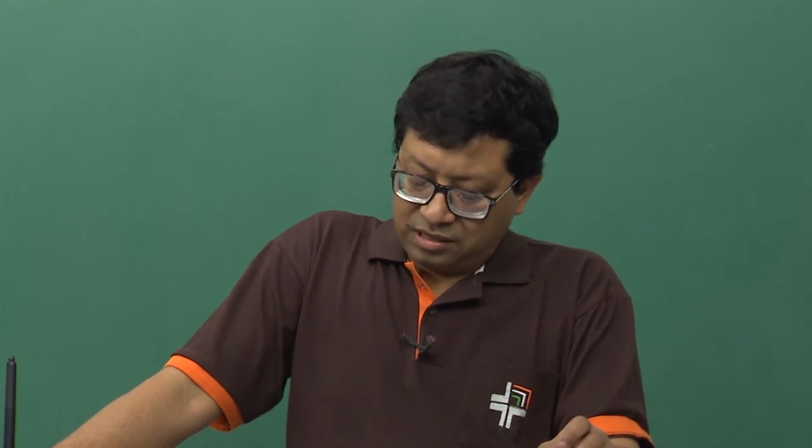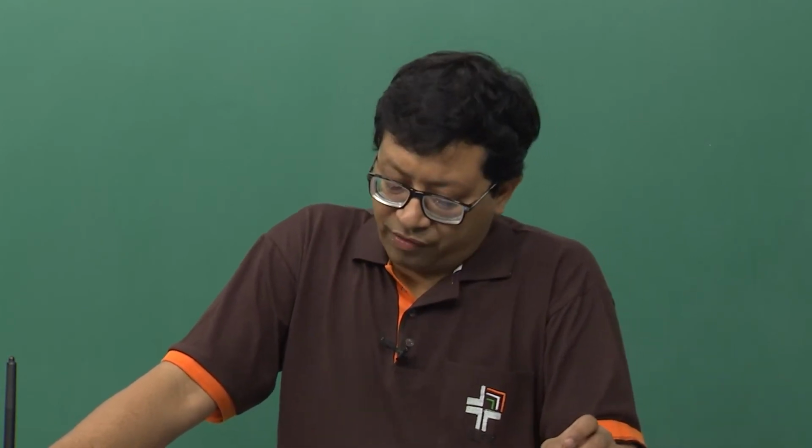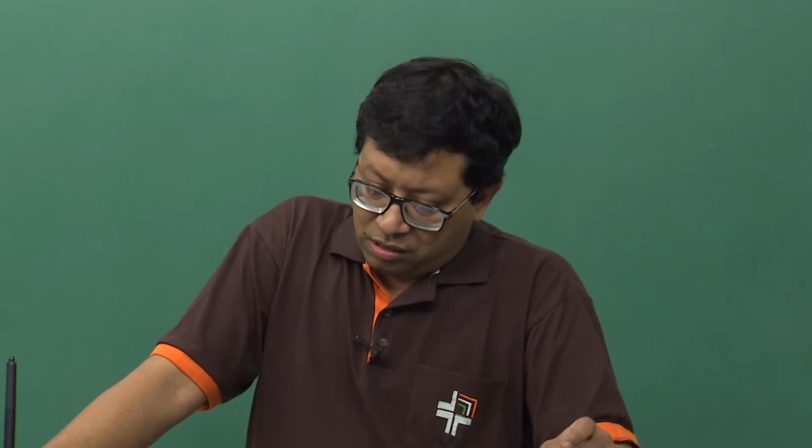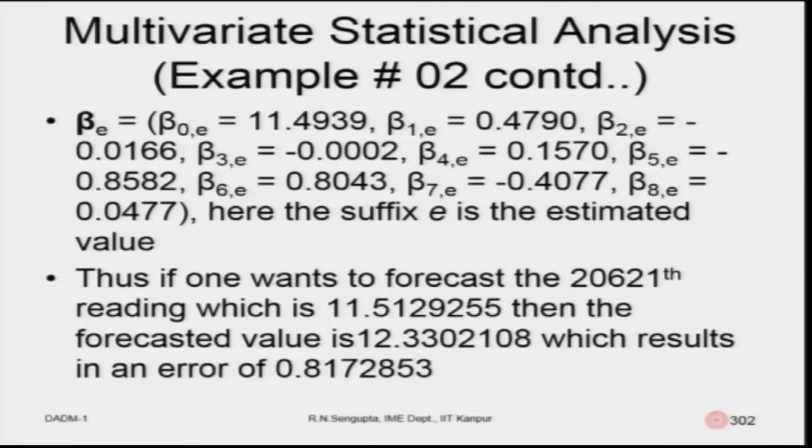That value is 11.512. So, I randomly take the 20621 value, and then using those betas I forecast it. The value comes out to be 12.33. I am again reading only 2 places of decimal, and this results in an error of about 0.81.